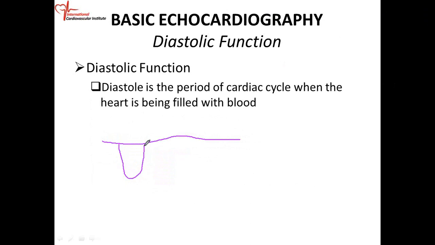You get something looking like this on your Doppler. When all the valves are closed, there's no volume change. So we call that IVRT, and let me just exaggerate it a little bit.